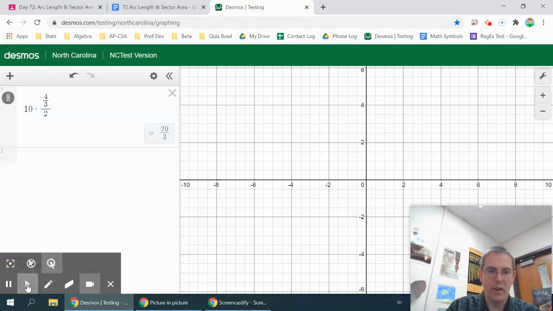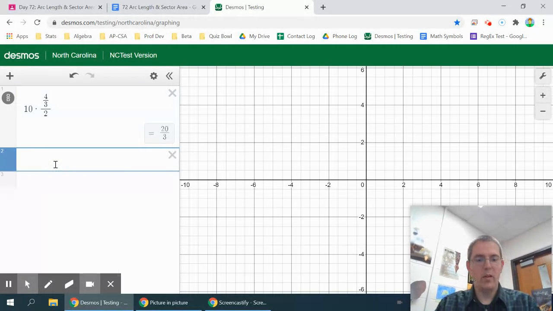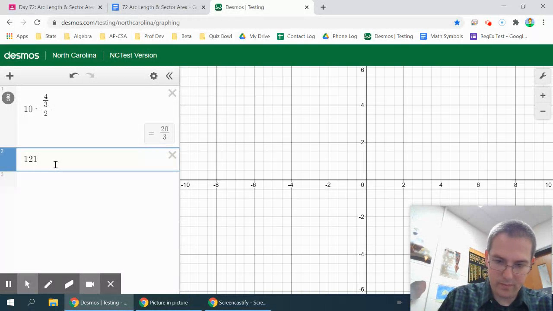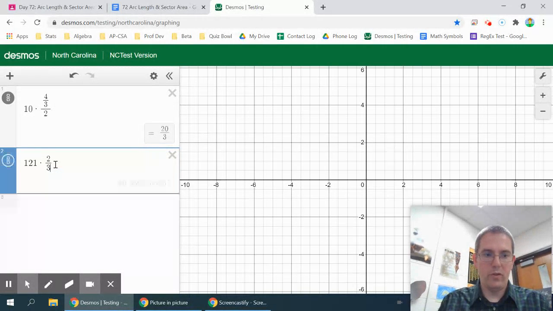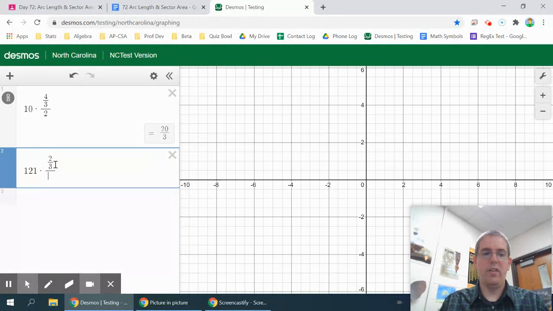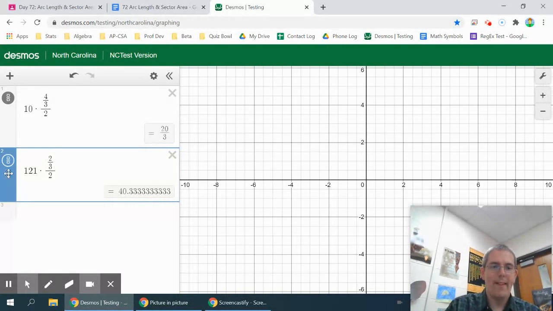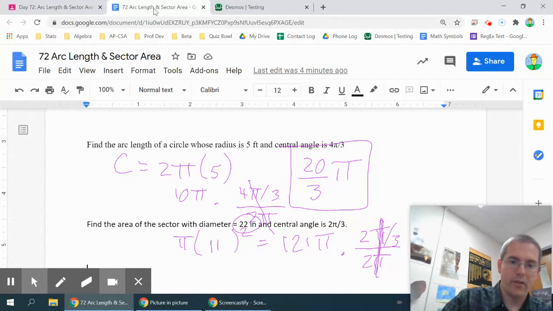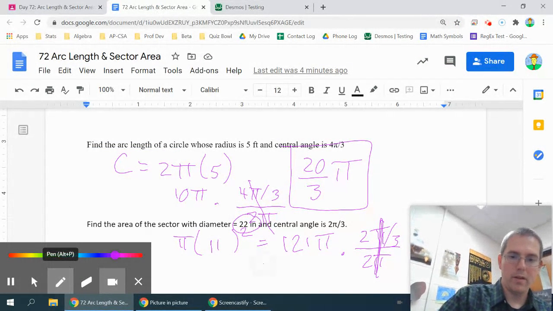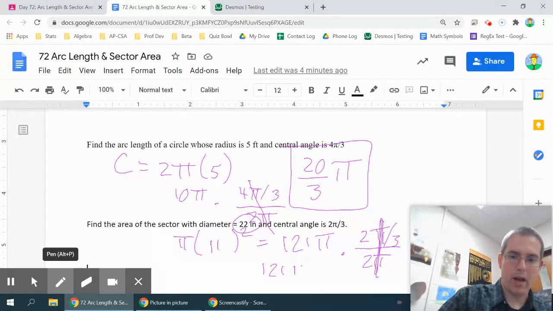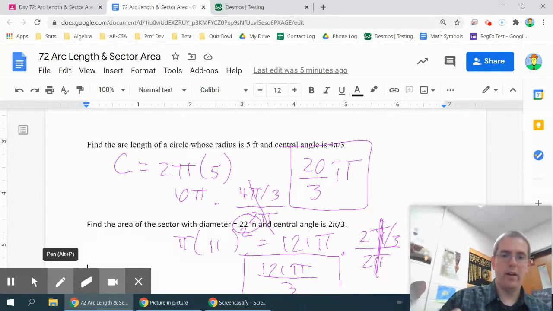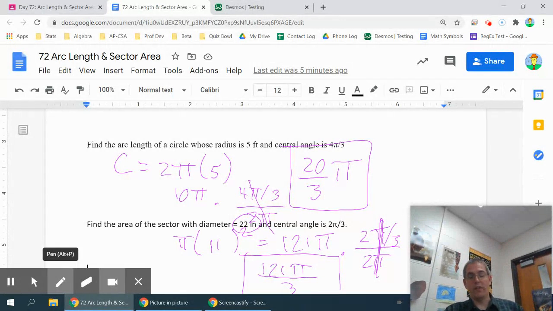So I'm just going to go ahead and type this below. 121 times 2/3, get out of the fraction, then put it over 2. And that's 40 1/3, or 121 over 3. So I have 121 pi over 3 would be your area of the sector giving that central angle.